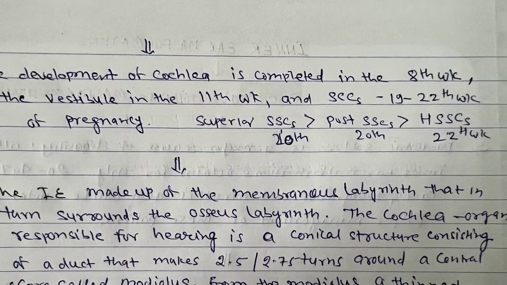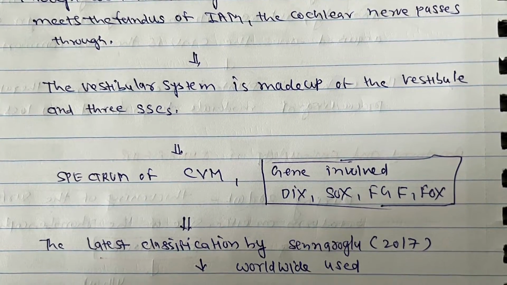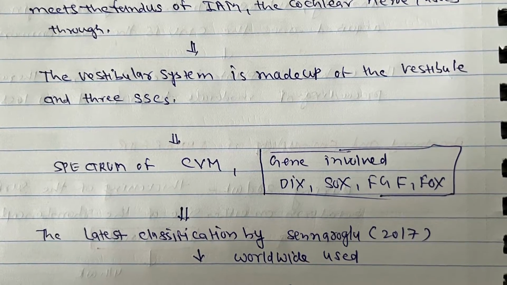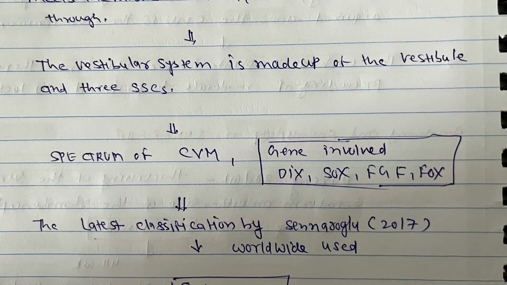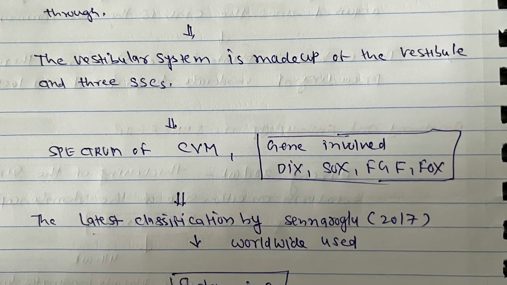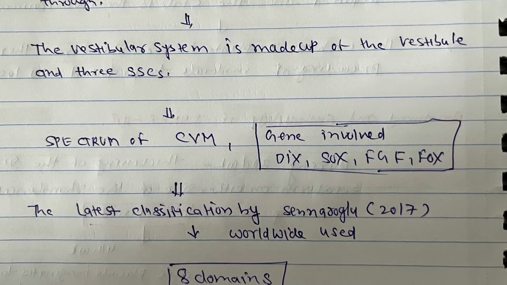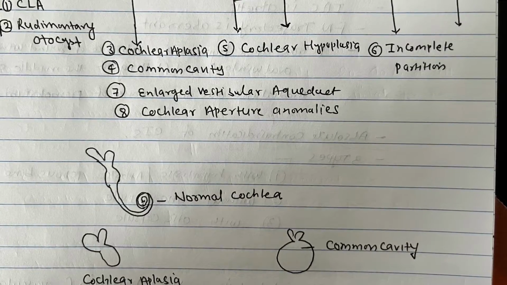Through the cochlear opening, also called the cochlear aperture or lamina fibrosa, the cochlea meets the fundus of the internal auditory meatus. The cochlear nerve passes through it. There is a spectrum of cochleovestibular genes, mainly DIX, SOX, FGF, FOX. These are 4 common genes involved in genetic malformations.